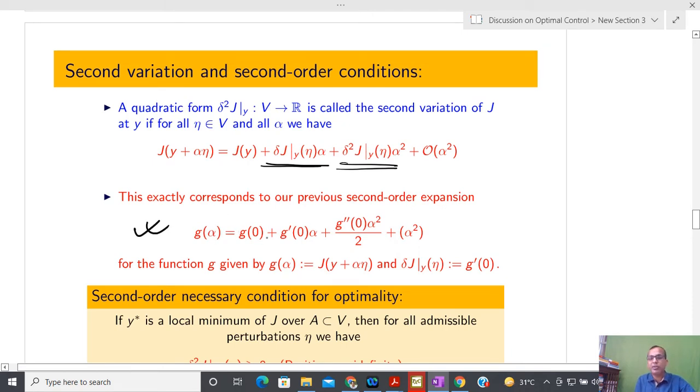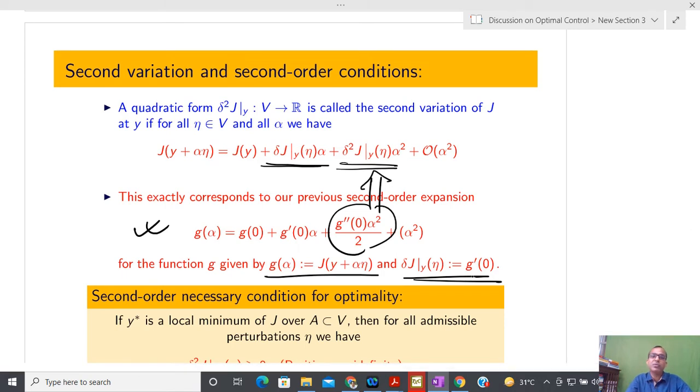So G(0), I have already told you, same like G(0), G'(0), G''(0). In place of this, I have just replaced this, and in place of G(alpha), I have J(y plus alpha n), and in place of this you can write like this. So it just corresponds to the finite dimensional optimization problem.